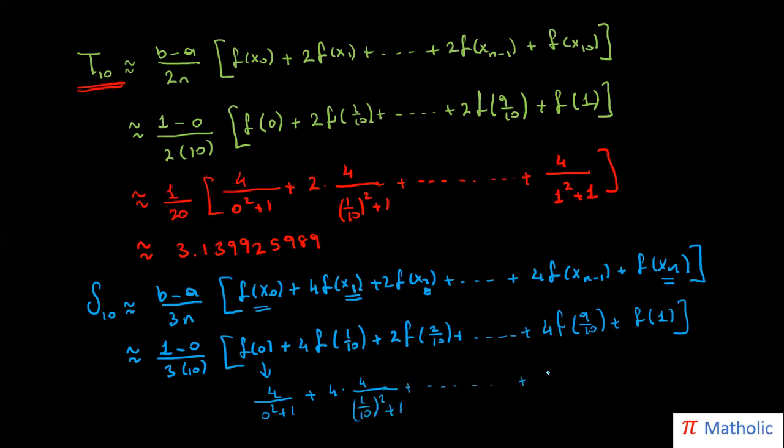And for the last one, you're going to write 4 over 1 squared plus 1. This is all multiplied by 1 over 30. And if you use your calculator, the answer you're going to get here is 3.141592614. Any questions so far?